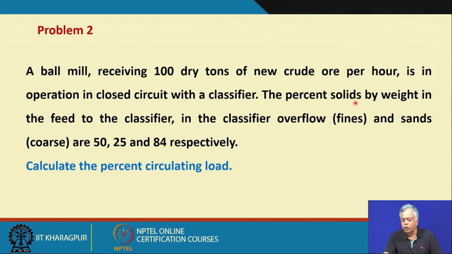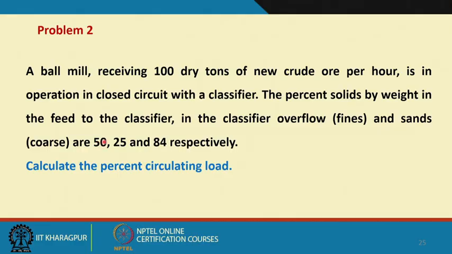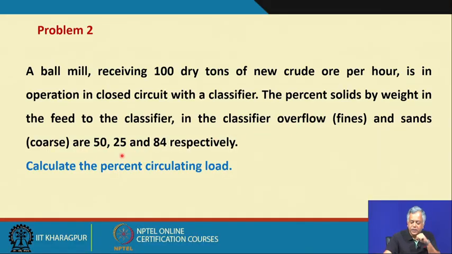So the percent solids by weight in the classifier feed is 50%, in the classifier overflow it is 25%, and the underflow is much more concentrated because there is less water, so it is 84%. Now, I want to calculate the circulating load.